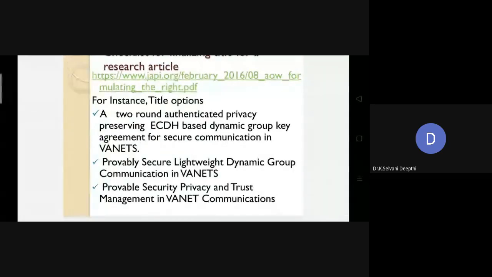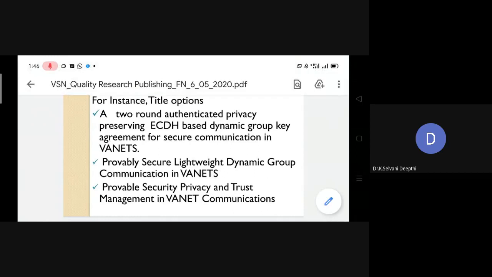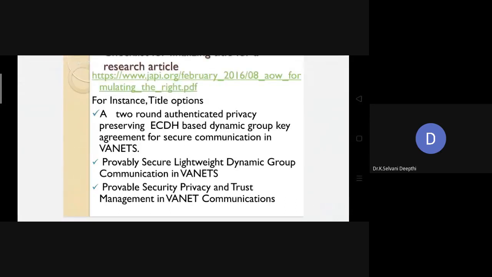Finally: probable security, privacy and trust management in VANET communication. This is the best. Why? Because ECDH we use for lightweight. So instead of ECDH based dynamic group key agreement, I have given lightweight. Lightweight means ECDH. So don't give large titles.